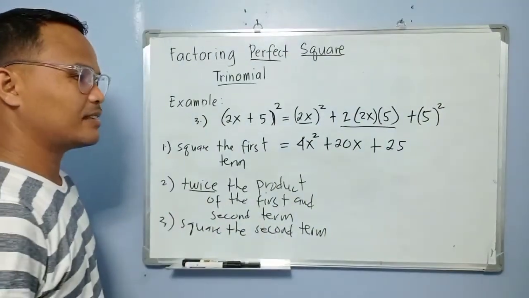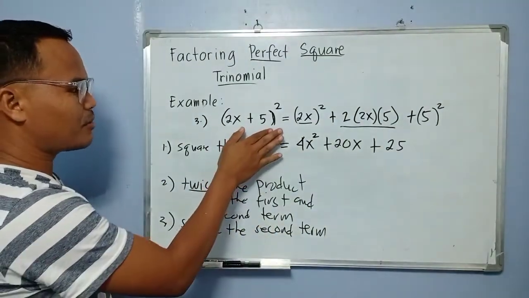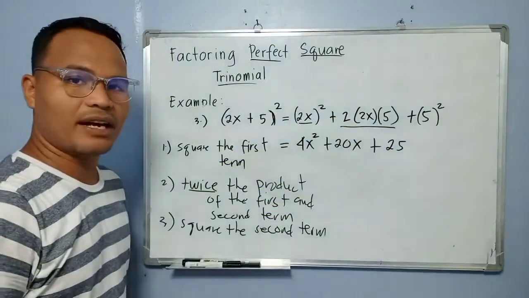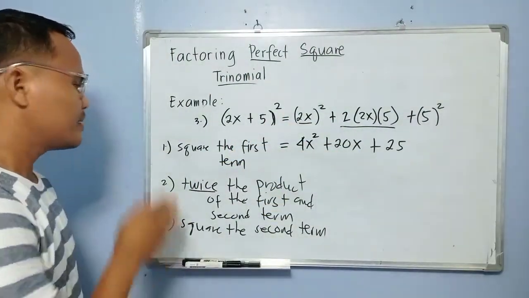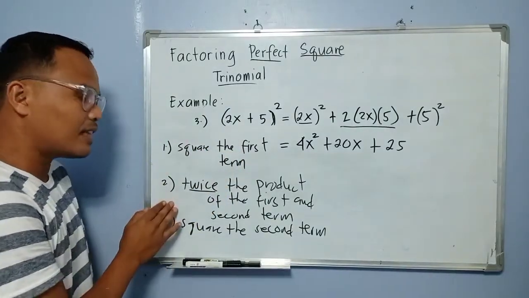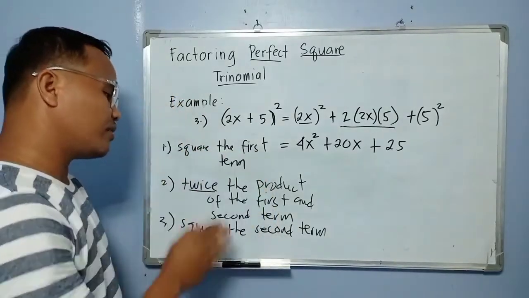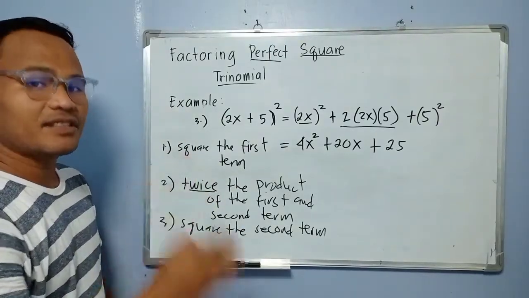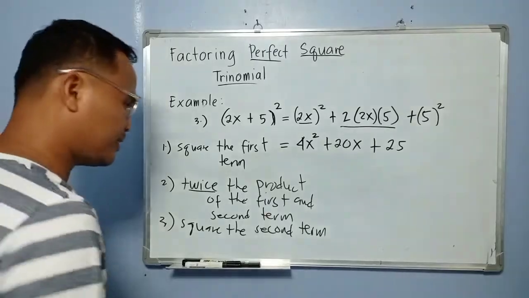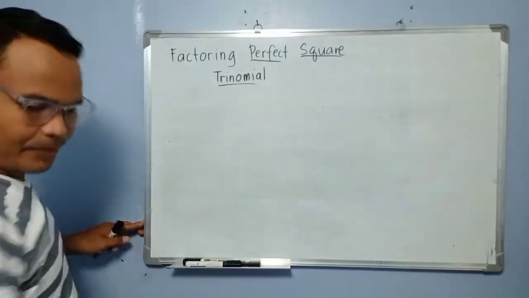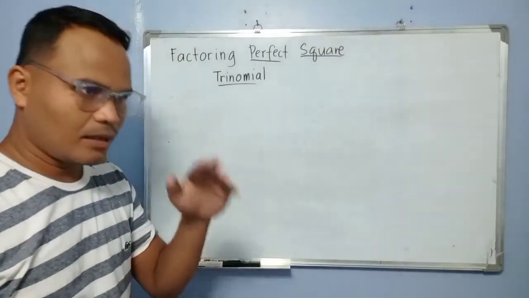So, that is the process in expressing a square of a binomial into a perfect square trinomial. The first step is square of the first term. The second term is twice the product of the first and the second term. And the third term is square of the second term. Do not forget that is the process.